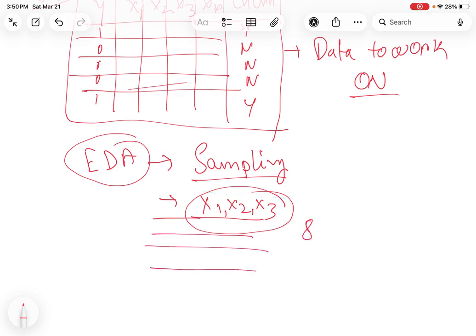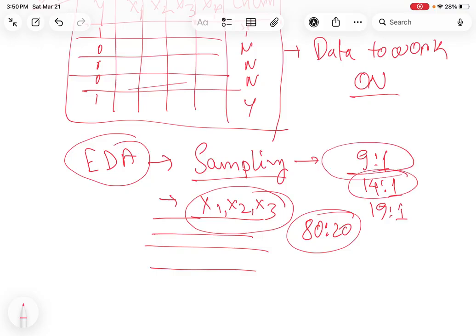Normally we do an 80:20 split, but in this 80:20 split, we have to do the sampling. So the sampling technique that I talked about should be 9:1 or 14:1 or 19:1, depending on what you choose, and you can start with that and go on with the sampling technique, right? When I do the coding, I'll show more on this part in detail.